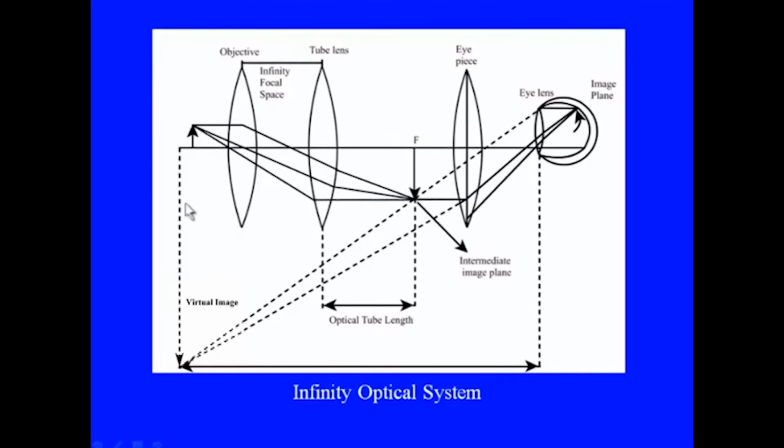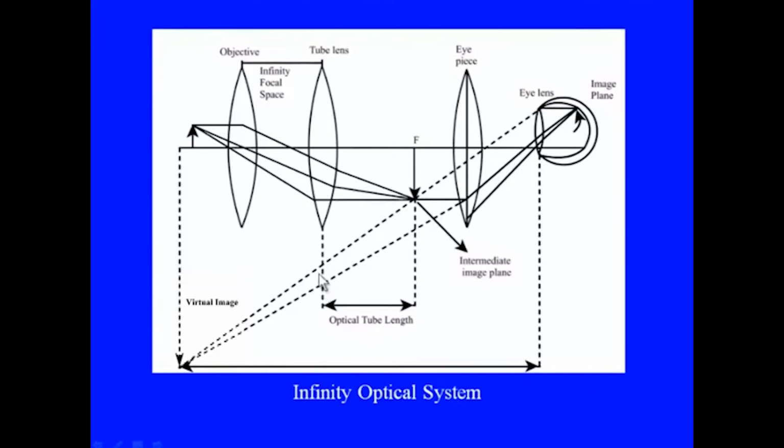And like in other systems, a virtual image is formed here, which is erect and which is at around 250 millimeter or 25 centimeter, and then finally the eye lens will form a magnified image which is inverted on the retina, but perceived upright by us, the viewer actually.